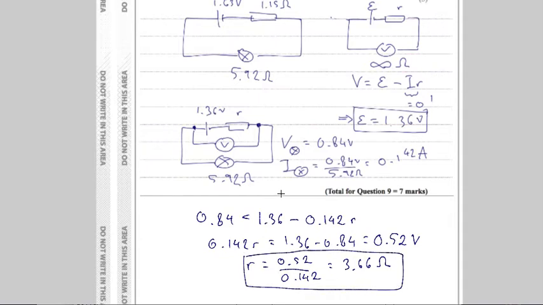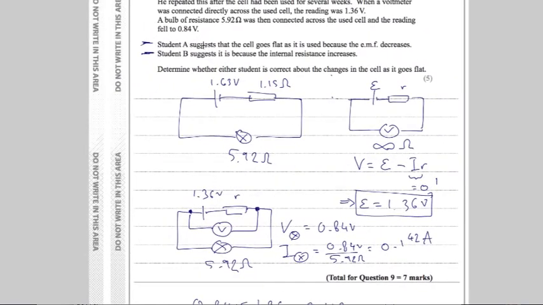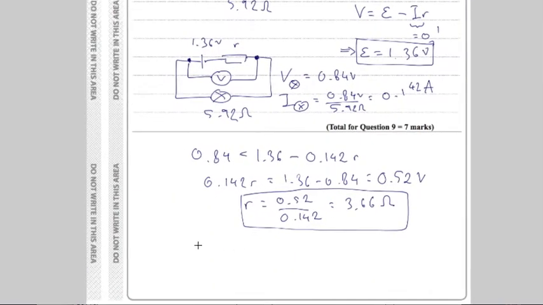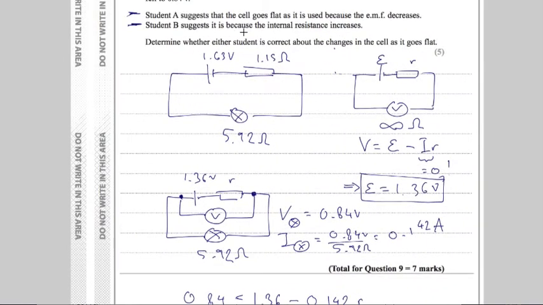Let's try and get the 5th mark. Let's remember what we're trying to actually answer. Student A suggests that the cell goes flat as it's used because the EMF decreases. Well, we can see that that's the case because the EMF originally was 1.63. So A is correct. And student B suggests it's because the internal resistance increases.